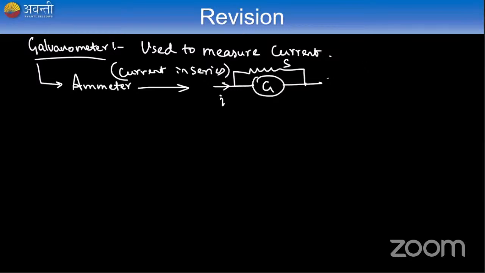What was the expression for shunt resistance, guys? S is equal to. I want everyone to answer this. How to find the resistance of this shunt resistor?